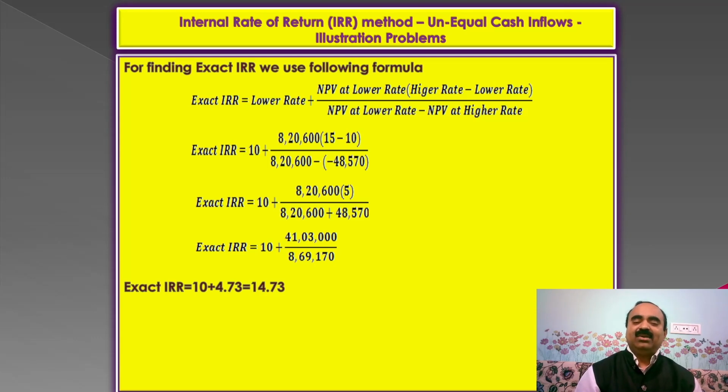Exact IRR is equal to lower rate 10% plus NPV at lower rate 8,20,600 into higher rate 15 minus lower rate 10, divided by NPV at lower rate 8,20,600 minus NPV at higher rate, that is minus 48,570. After simplifying all these values, we got exact IRR of 14.73. For the second problem, IRR is 14.73.